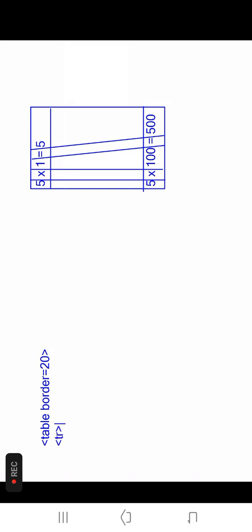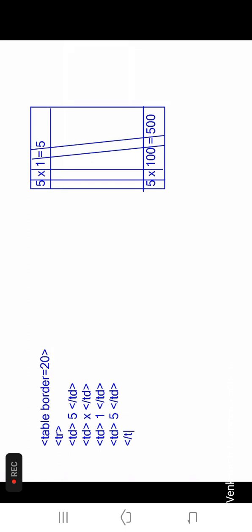In the first row, tr, td, table data, first cell, suppose 5, td close, again td, into, td close, again td 1, td close, td 5, td close, first line over, tr close. Again td, equal to, td close, again td 5, td close, first row completed.